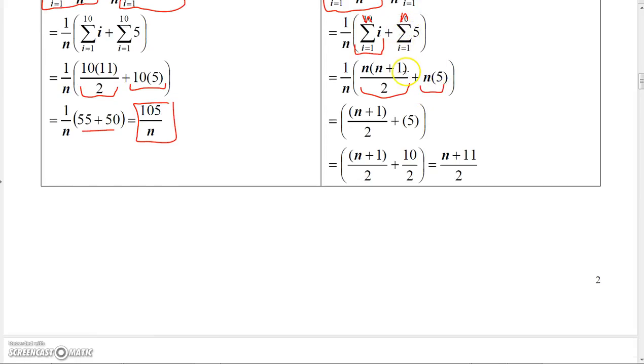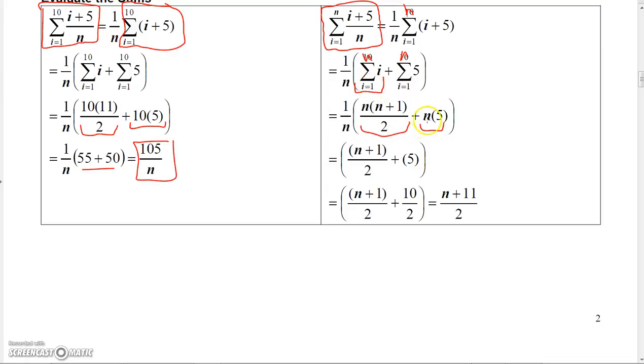Okay, so what I did here, if you may not be able to tell, is I factored out the n that I had here. And so when I factored the n out, I had n over n, so n over n is 1. And so basically that left me with n plus 1 over 2 plus 5.